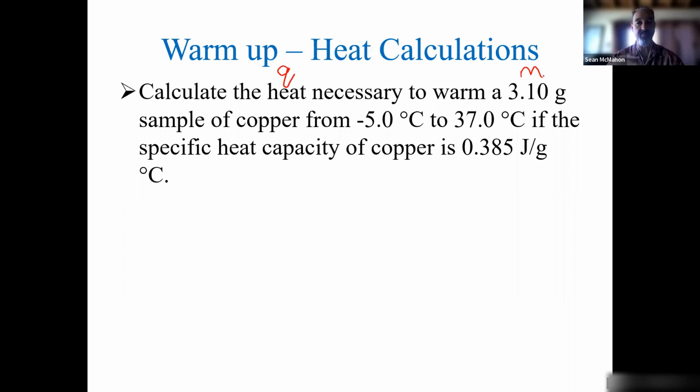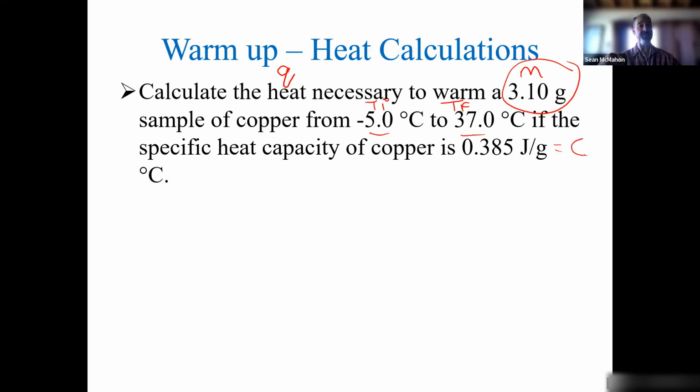Let me reread that without interrupting: calculate the heat necessary to warm this mass of copper from this temperature to this temperature. With ΔT, there's an initial temperature and a final temperature. I need to know the specific heat, which is the C, and they give this.